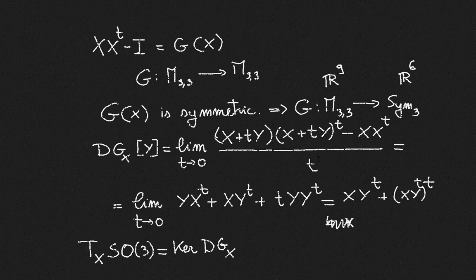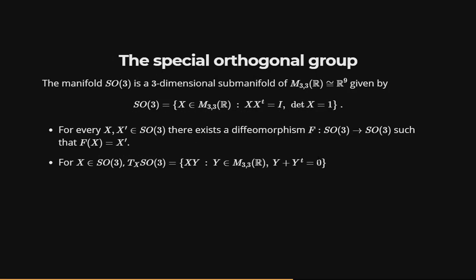So you're just asking that X times Y transpose is antisymmetric, which means that multiplying by X transpose, Y transpose is antisymmetric, that means that Y is antisymmetric. And so you have the condition I wrote you before. Now, using the first point we found, you can also just calculate this tangent space for X equal to the identity, which is slightly easier, and then bring the tangent space around via this diffeomorphism, using the differential of this diffeomorphism, which is the multiplication by X.